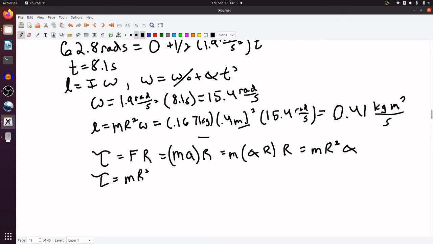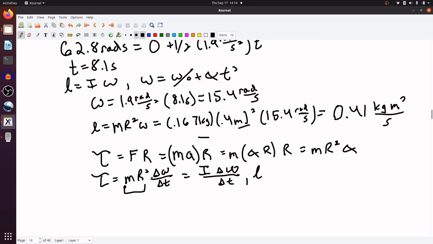But what is alpha, by the way? Well, it's nothing more than the change in the angular velocity over the change in time, right? Okay, that changes a bit. And then we know mr squared is I. So that's going to give me I, and then that'll be delta omega over delta t.